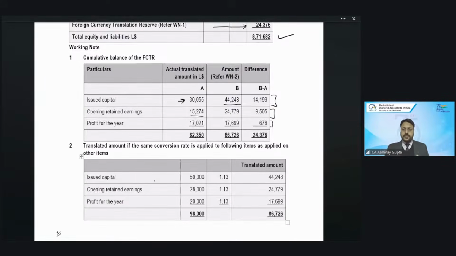Now, how is this converted? So if we convert 50,000 at the closing rate, opening retained earnings as well at the closing rate. Why at the closing rate and why not at the opening rate? Any idea?